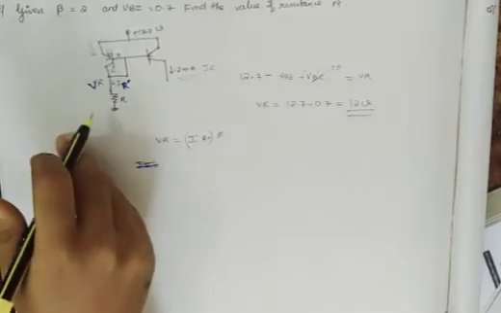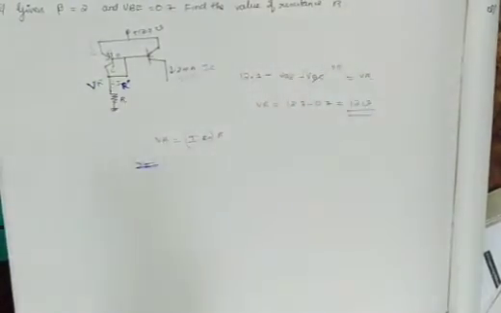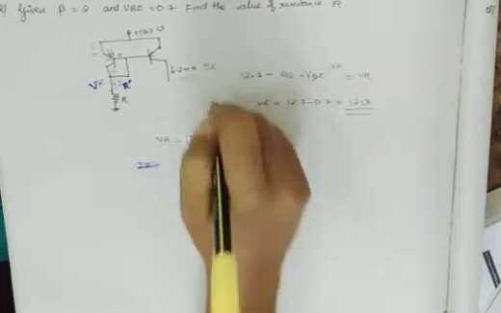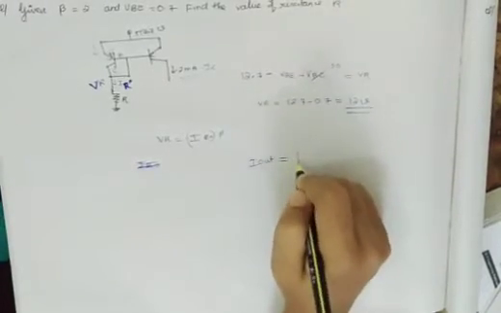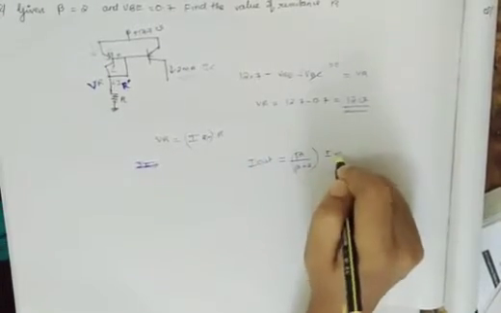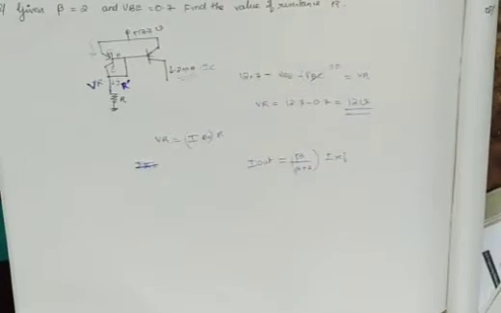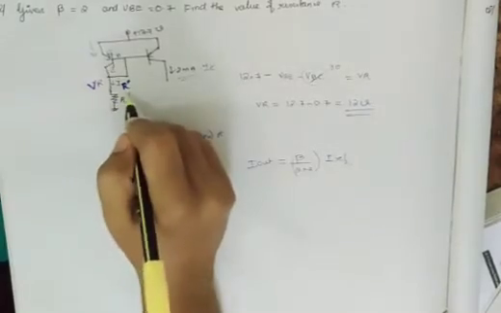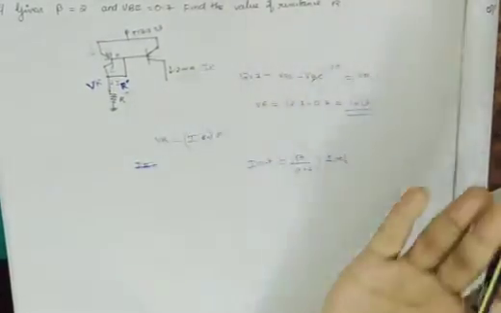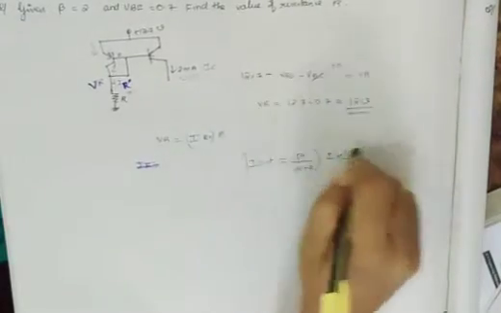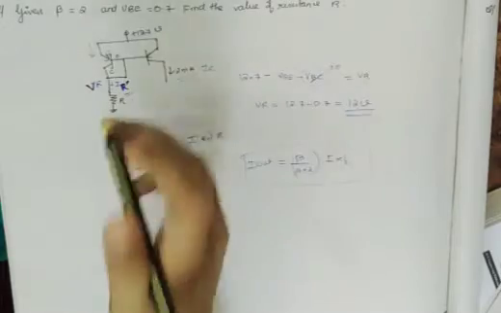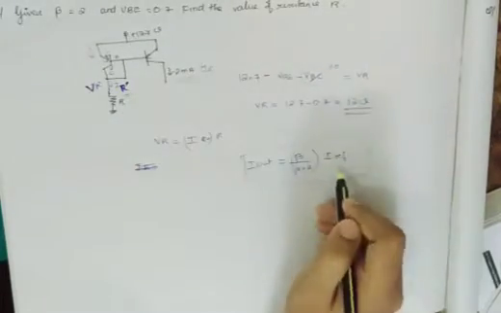The input collector current is related to the output collector current: I out, the output collector current, is equal to beta divided by beta plus 2 into IREF. IREF is the current in the first collector and I out is the current through the second collector. That is the equation for a typical current mirror circuit. So in here the IR is the IREF.